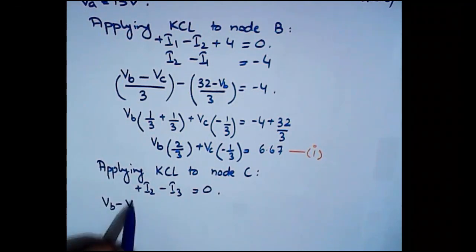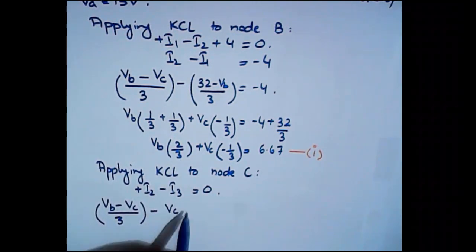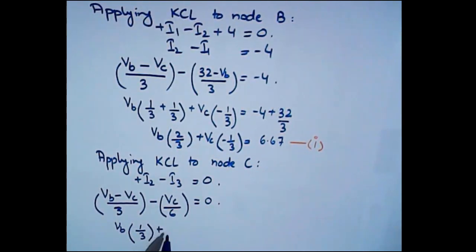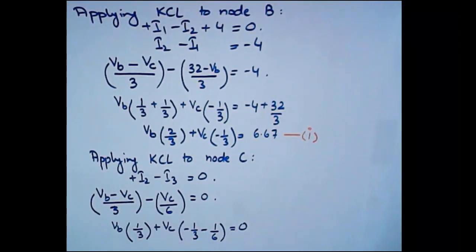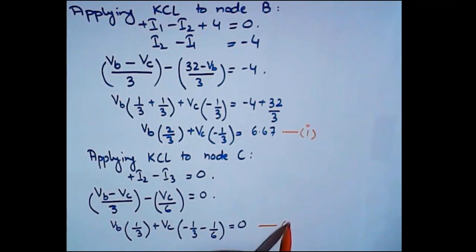VB minus VC divided by 3 minus VC divided by 6 is equal to 0, right? So VB 1 upon 3 plus VC (minus 1 upon 3 minus 1 upon 6) is equal to 0, right? And this will be equation number 2.